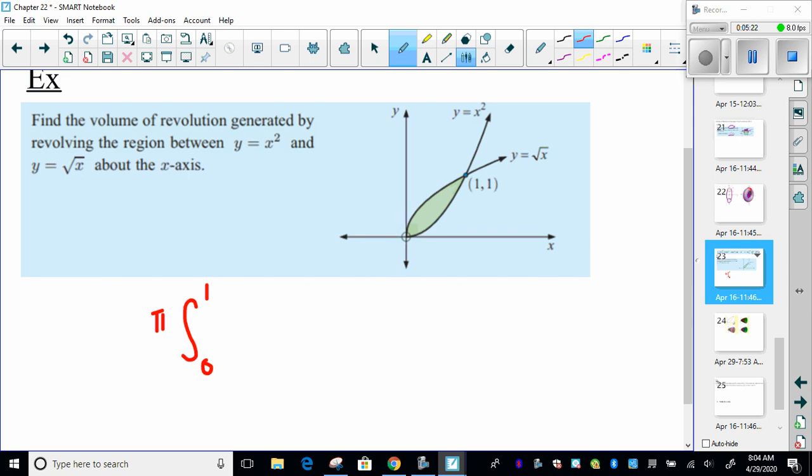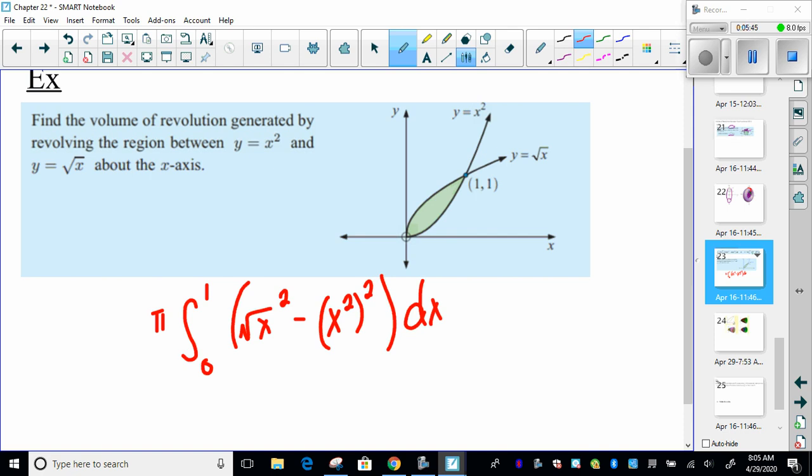So that's the y of my upper, so that's square root of x, and then that's squared, minus the radius squared of my lower, or inner, which is x squared, and then that's squared. And that's dx.